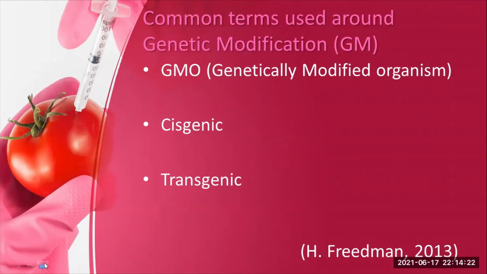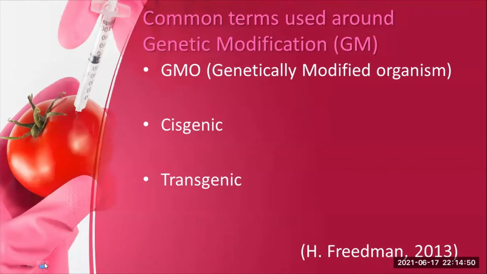And cisgenic is the term we use to describe an organism that had its genome altered using the genes of organisms of the same species, meaning two tomato plants of different variation were crossbred in order to produce a new hybrid tomato plant.